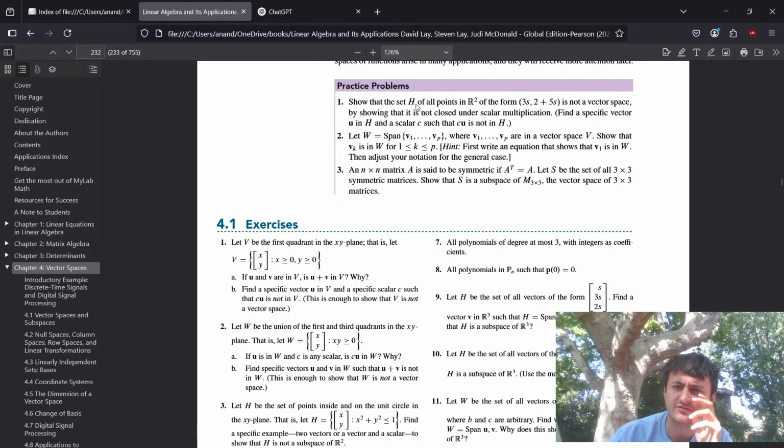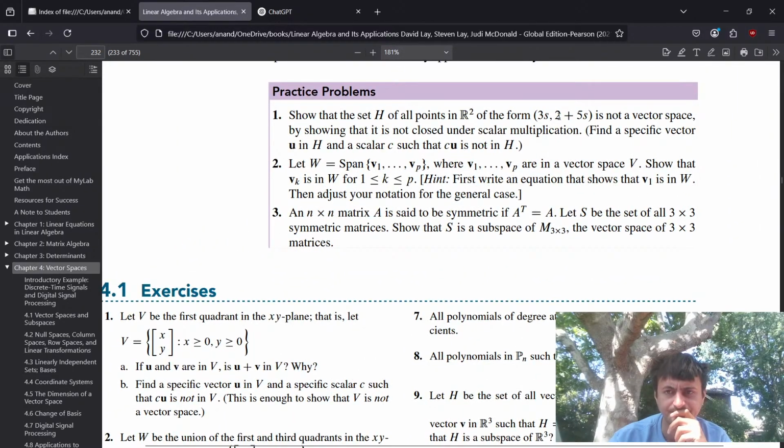Show that the set H of all points in R2 is not a vector space. Okay, the reason why it's not a vector space is because, all right, if you have 3s, 2 plus 5s, by showing that it is not closed under scalar multiplication. Find a specific vector u in H and a scalar such that.